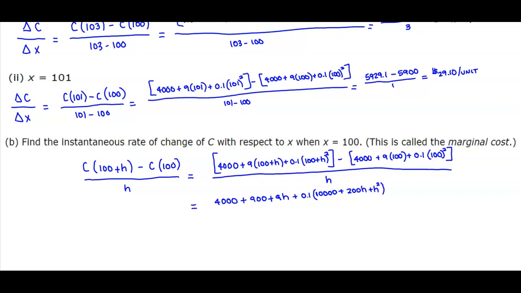And if we distribute this, well, let's go ahead and simplify it first. So we have 4,000 plus 900 plus 0.1 times 10,000, which is 1,000. And then we're going to divide that by h.